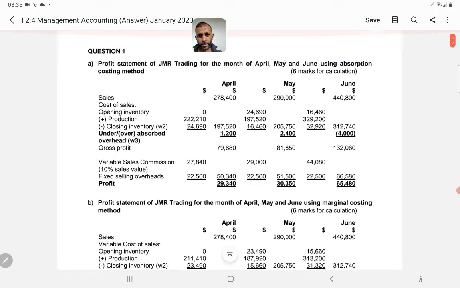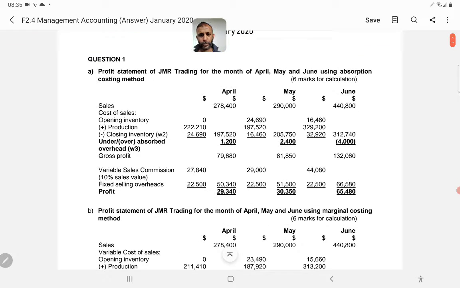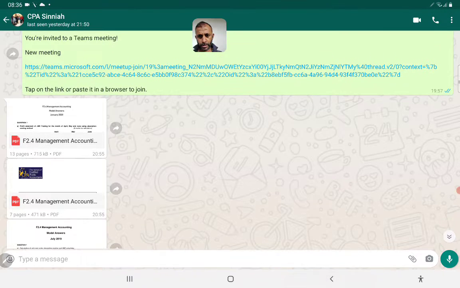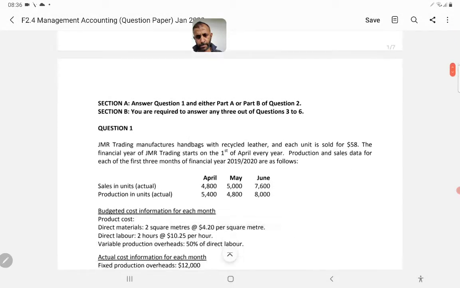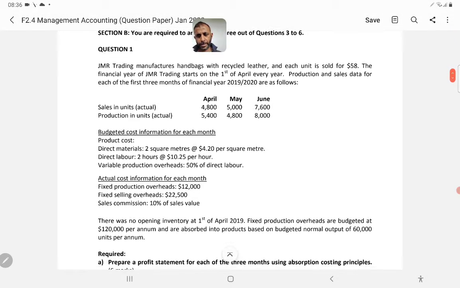This is the question that I'm planning to discuss. JMR Trading manufactures handbags with recycled leather and each unit is sold for $58.